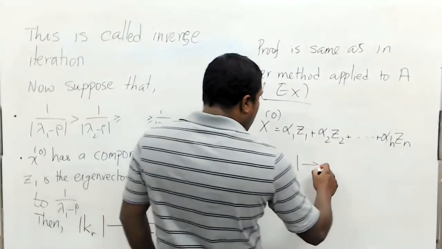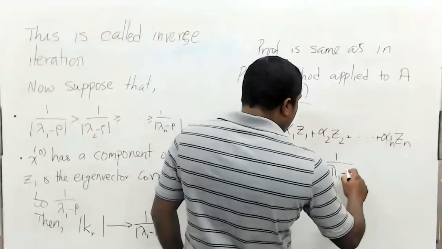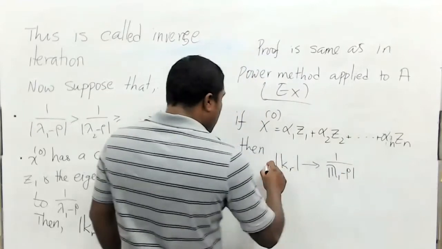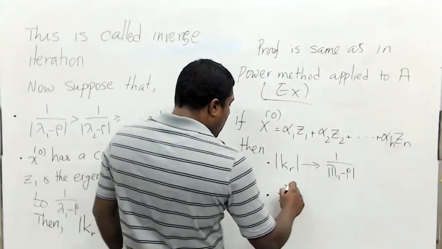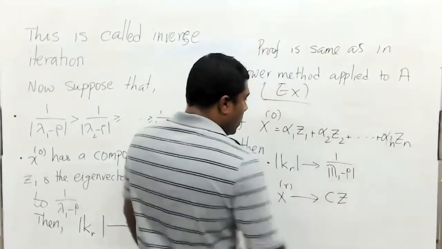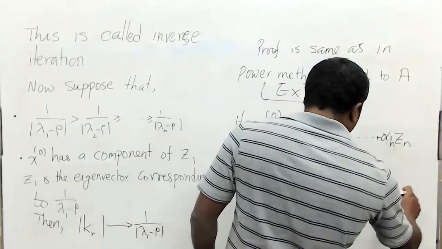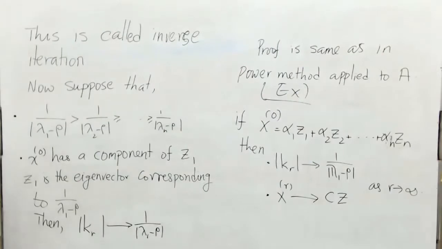One is that kr converges to 1 upon the absolute value of lambda 1 minus rho. The second is that xr converges to some constant times c. This is what you have to prove, and it is very similar to what we did in the power method proof. There is no difference; you just change the eigenvalue.